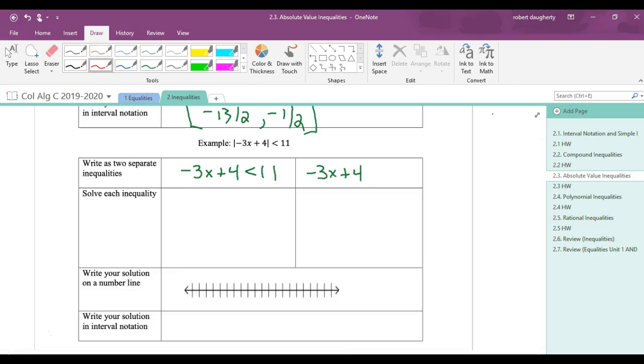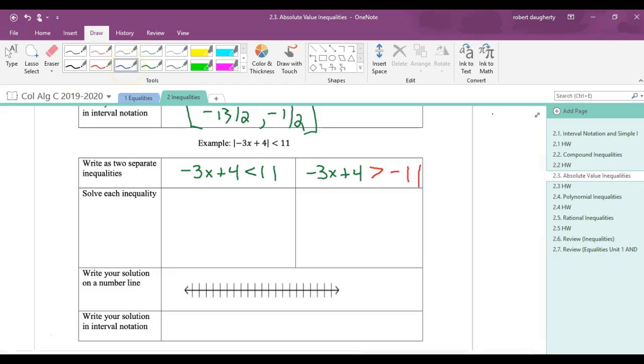There are two changes. This becomes what? Greater than what? -11. Okay. So with absolute value, first problem, copy down everything you see without the absolute value. Second problem, you copy down the problem, but you make two changes. Whatever this inequality sign was, you flip it. Whatever the positive negative sign of this was, you change that.